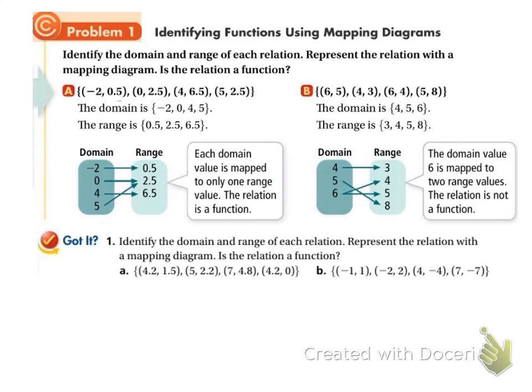So let's draw our own mapping diagrams. D for domain. So I've got 4.2, 5, and 7.